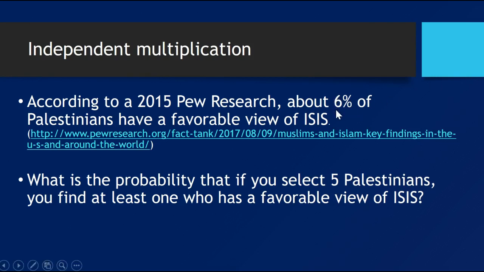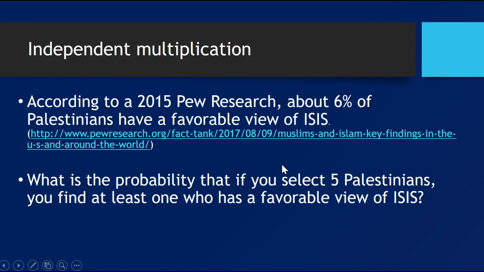Now, 6% is the probability of being favorable view. We want to find at least one who has a favorable view of ISIS in a group of size 5.